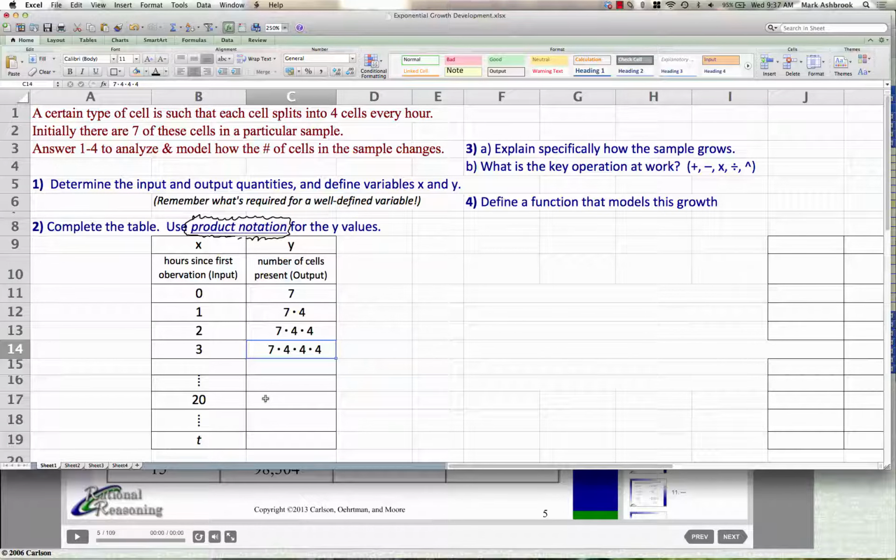Okay, after 20 hours. Nicholas? It'd be 20 4s? 20 4s, right? Yep, 20 4s.